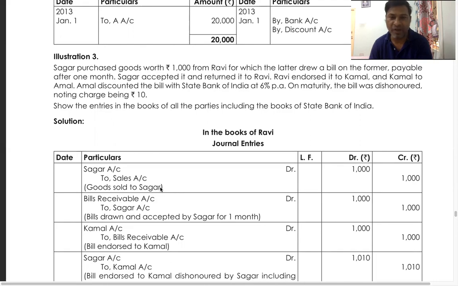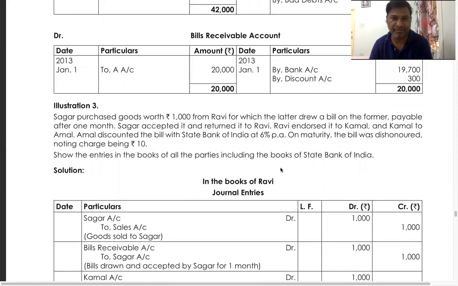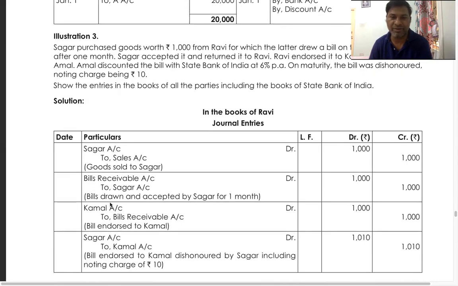Then on this, a bill is drawn by Ravi, payable after 1 month. When Ravi draws the bill, it is bills receivable. Whose bill is this?